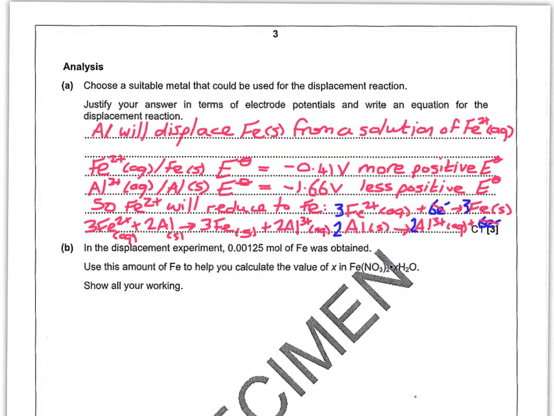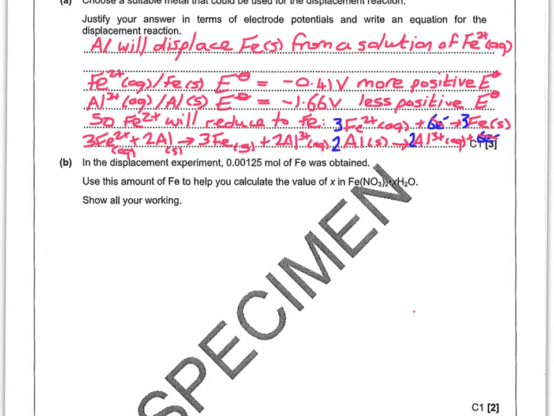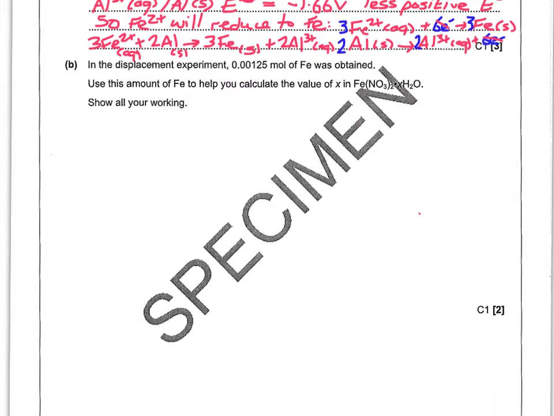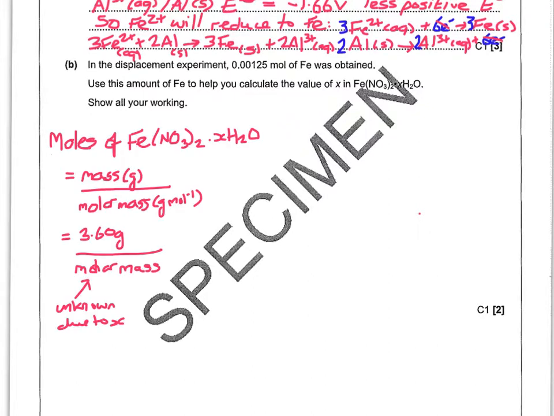So moving the page down, it says in the displacement experiment 0.00125 moles of Fe was obtained. And it asks you to use that amount of Fe to help you calculate the value of X in Fe(NO3)2.XH2O. So looking at the beginning part of the question, it tells you that there's 3.60 grams of your hydrated iron nitrate salt.